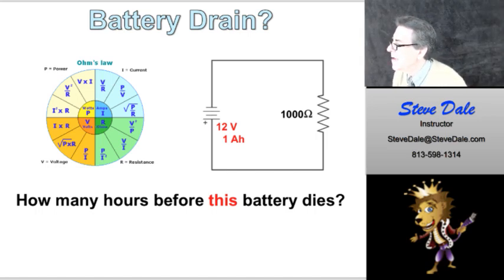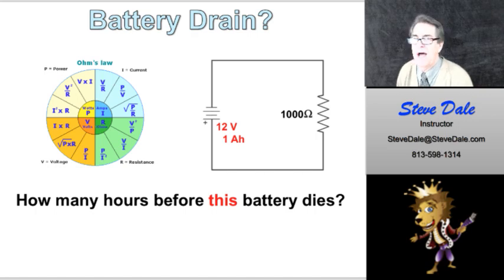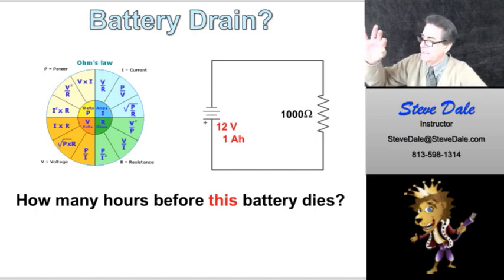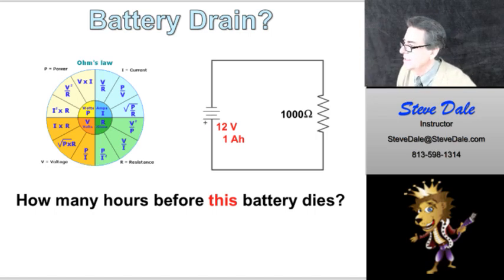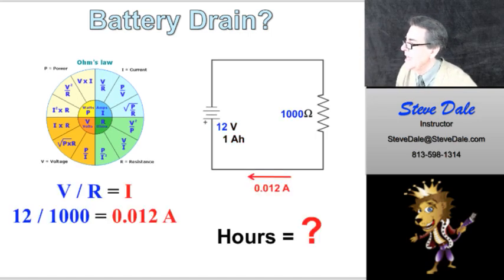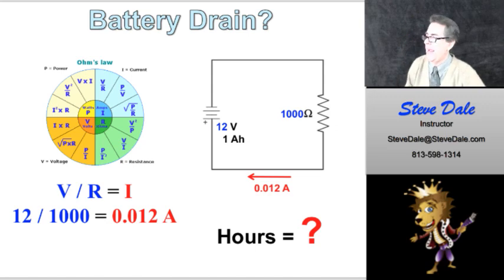The current is measured in amps, so the formula is V divided by R. So it would be 12 divided by 1,000, right? 12's on the top, 1,000's on the bottom. That's going to be a dot something, isn't it? It's 0.012 amps being pulled from that battery.